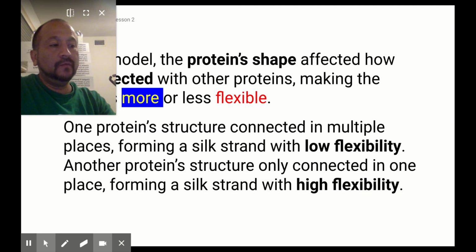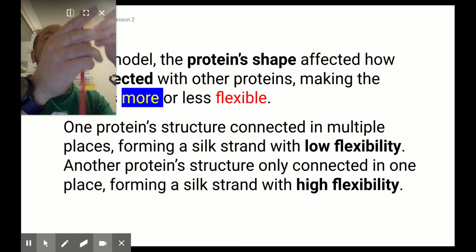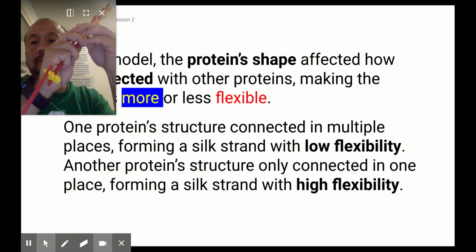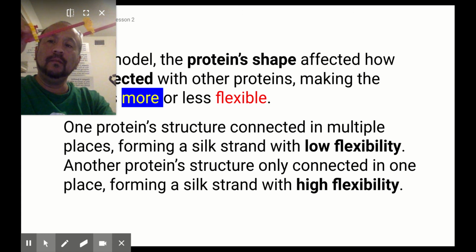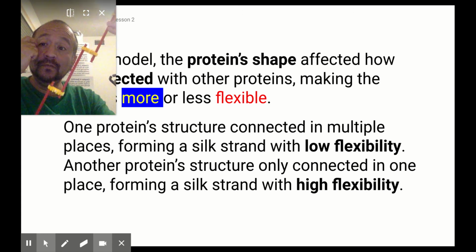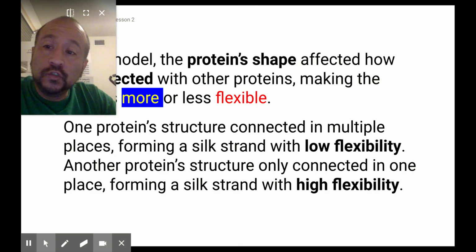The ones that broke off would be much more flexible. These would be a lot more flexible. But as you can see, they're also very delicate, just like the straw.